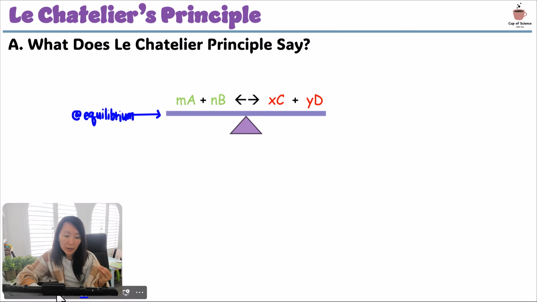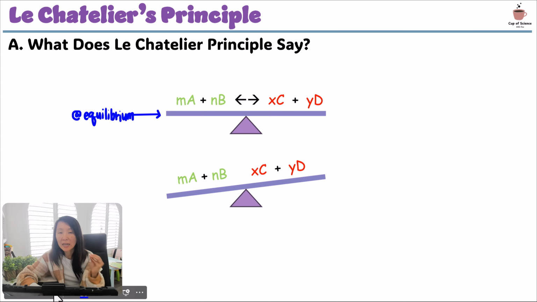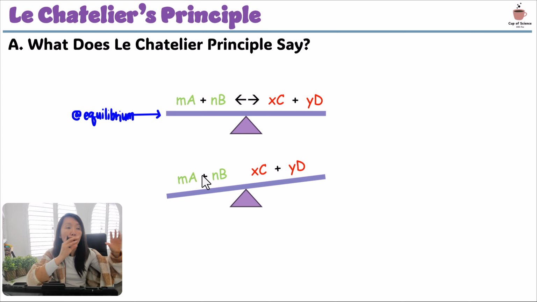But there is a point in time in which there is an imbalance. Say some stuff has been added on the reactant, the left side of the equation, there's some kind of stress on it, meaning more has been added, or less, this C and D has been removed. Or in this portion, there is less weight that has been taken out.